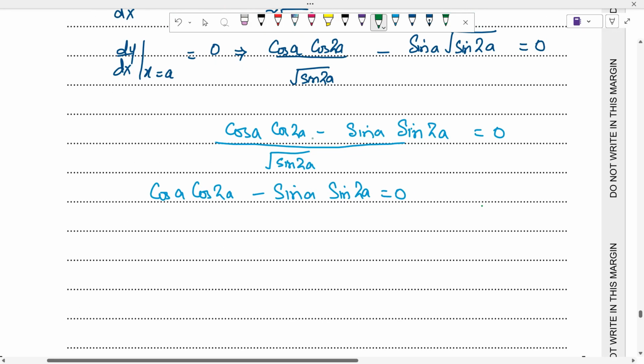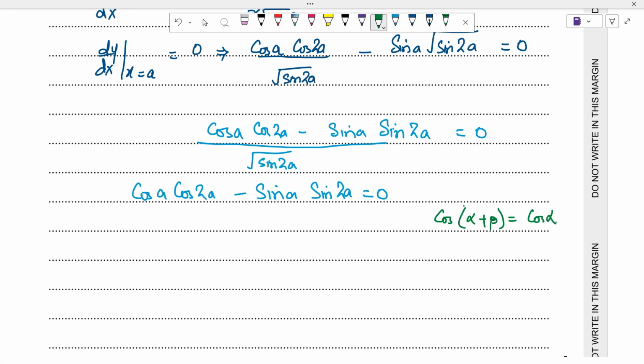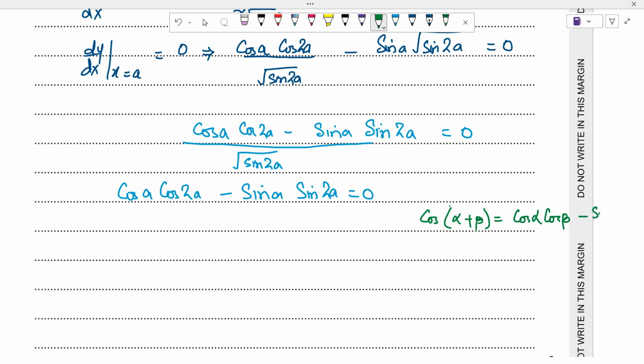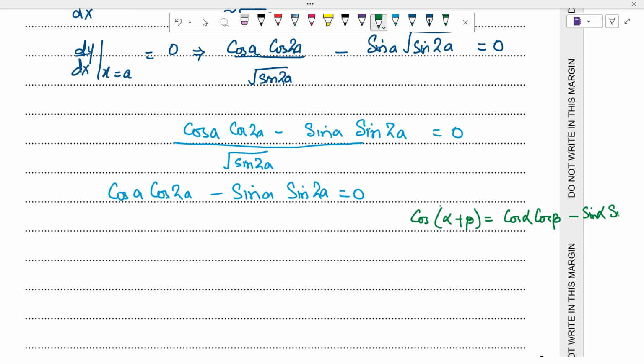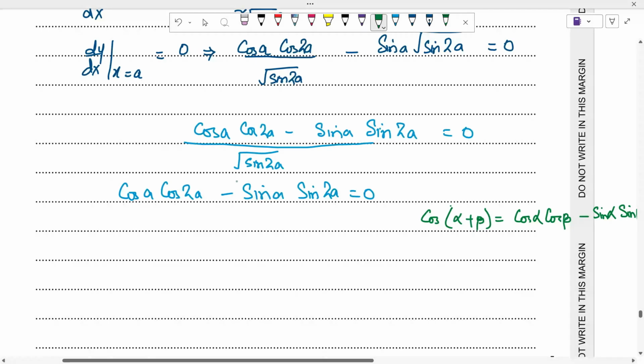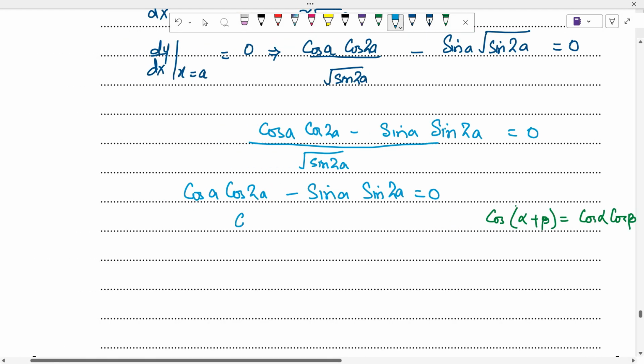We know that cos of alpha plus beta is equal to cos of alpha cos of beta minus sine of alpha sine of beta. So we can apply this formula in this case. So this is equal to cos of a plus 2a, which is equal to 0.